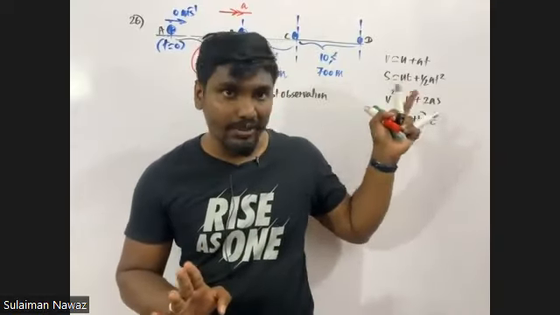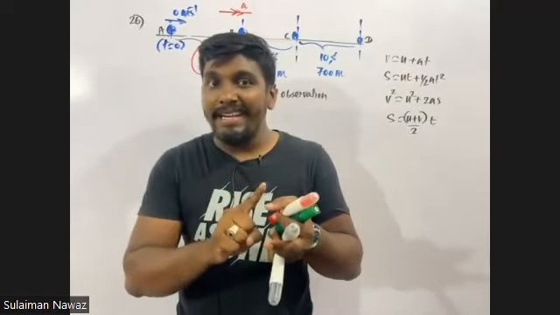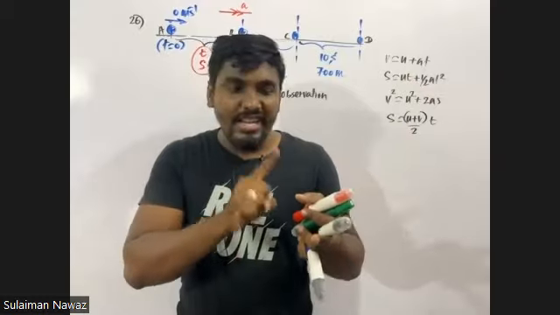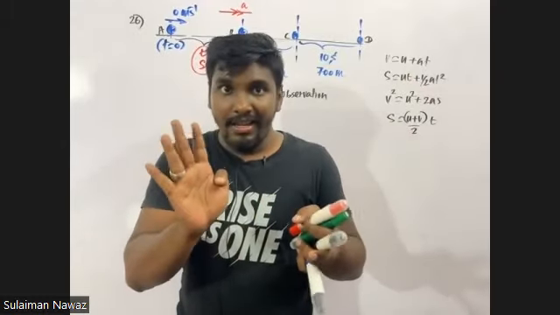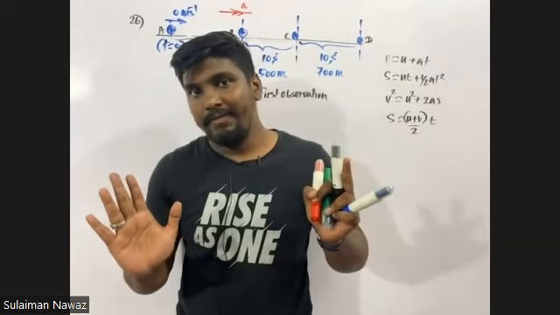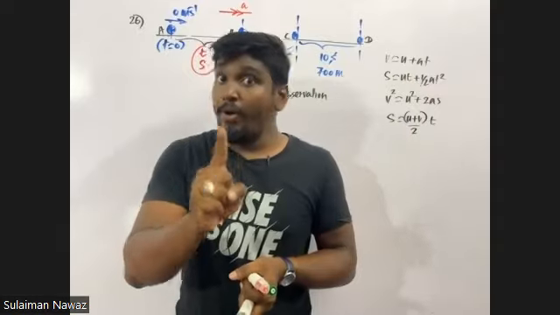There are four linear motion equations. Based on your selected equation, the question can be easily simplified. If not, the question can become very complex. The first important point is which linear motion equation you are going to select.